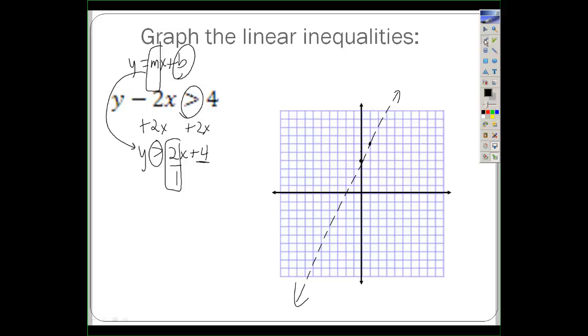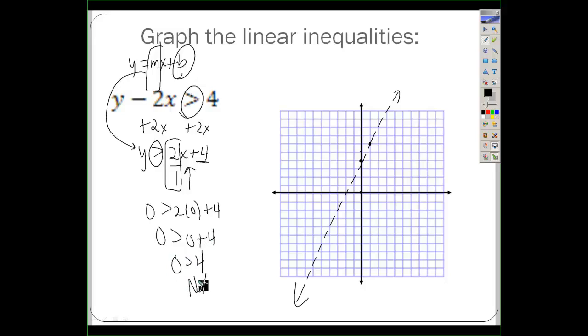The next thing I need to do is find out which side I need to shade in. So 0, 0 this time just happens to be on the bottom, so I'm going to test for the bottom half. I'm going to say 0 is greater than 2 times 0 plus 4. Where I got this was I plugged it into this equation here. 0 is greater than 0 plus 4. 0 is greater than 4.